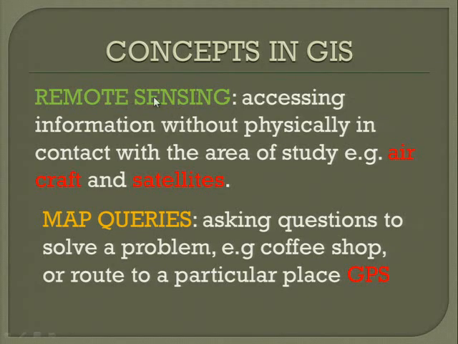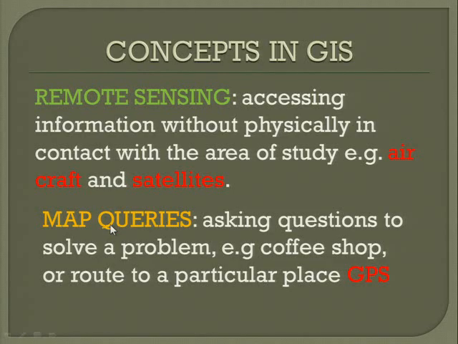Now, under remote sensing, we normally go to our houses, we use a remote. We are not physically in contact with the television, and we gather the very same information. Now, GIS uses satellites, or aircrafts, so that you can be able to get information from any area.